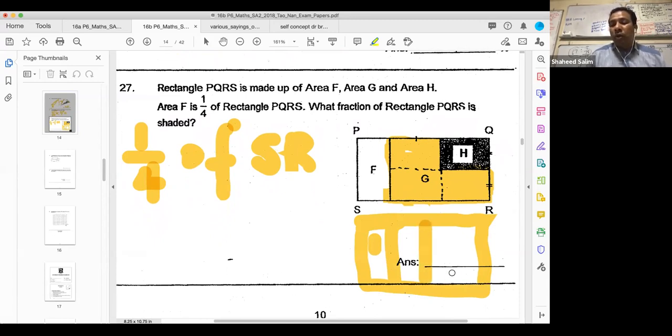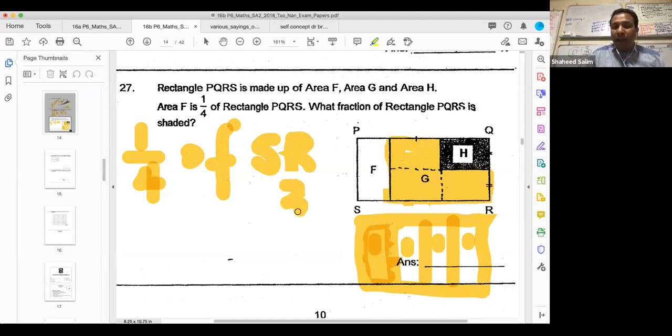Area F is 1/4 of the whole thing, 1 out of 4. If this is 1 out of 4, down here must be 3 out of 4. So the yellow part is 3 out of 4.